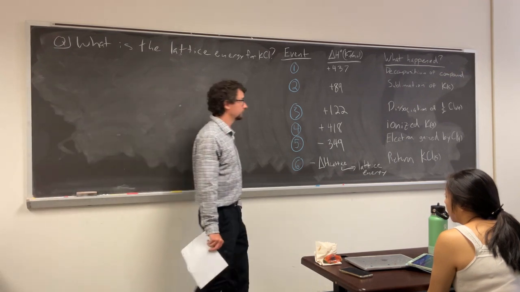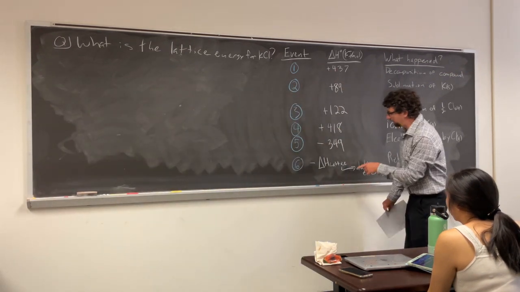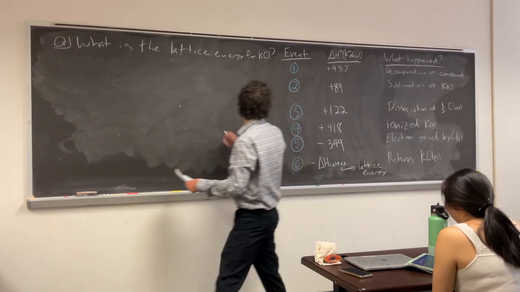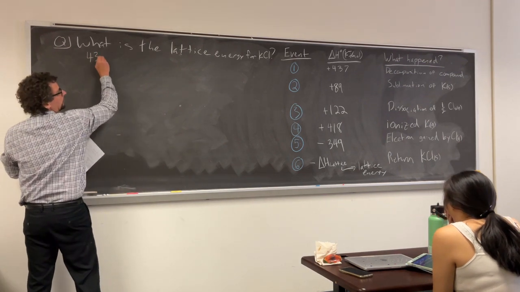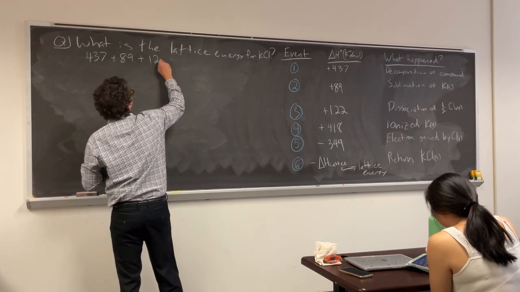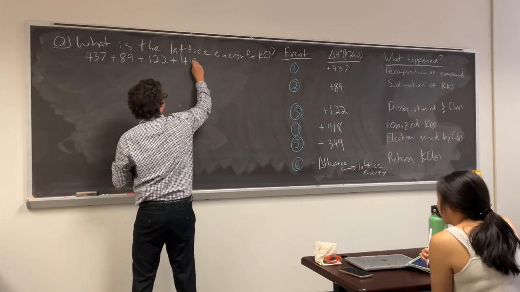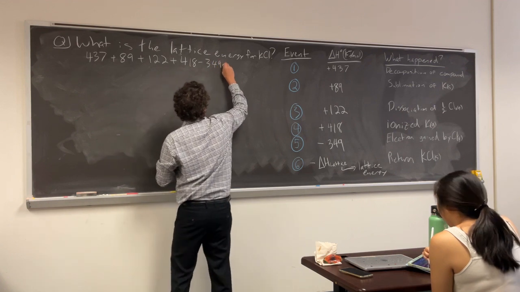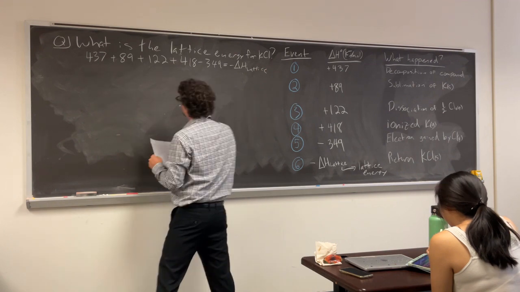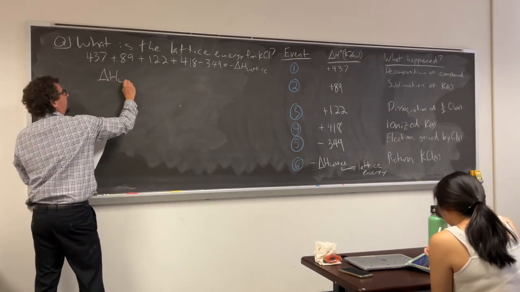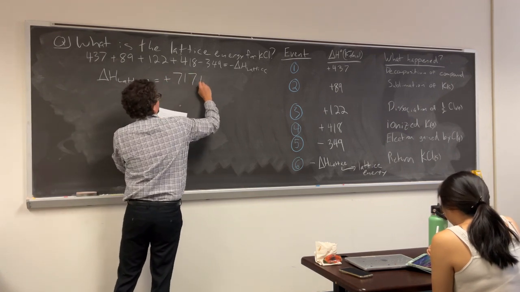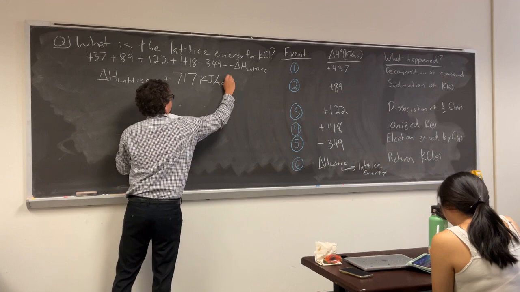Could we just add up all of the delta H's? Yeah. Add them all up and that's equal to negative this. And all we have to do is look at the reverse sign. So 437, I'm going to be lazy and leave off units for now. And when you calculate it out, delta H lattice is equal to positive 717 kilojoules per mole.